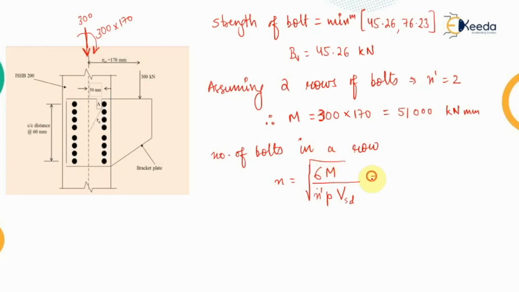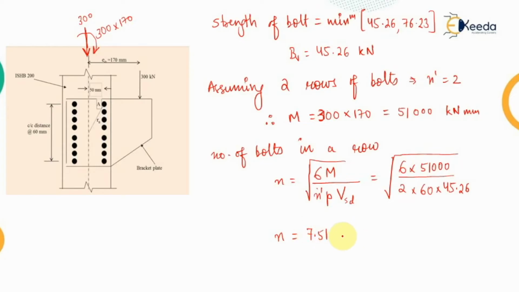So if we calculate all the values, it is 6 into M, that we have already taken, that is 51,000 kilonewton millimeter, divided by number of rows 2, the pitch distance was taken as 60 millimeter, into this value 45.26. So here the kilonewton will be cancelled out and millimeter will also be cancelled out. The number of bolts that we are getting comes out to be 7.51.